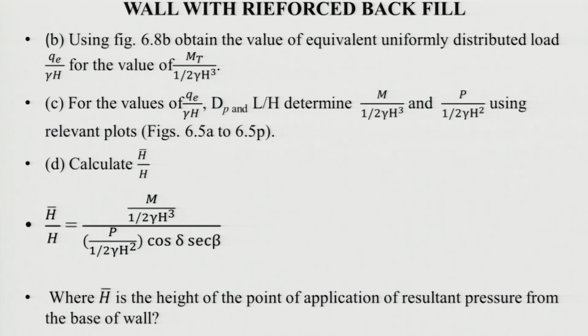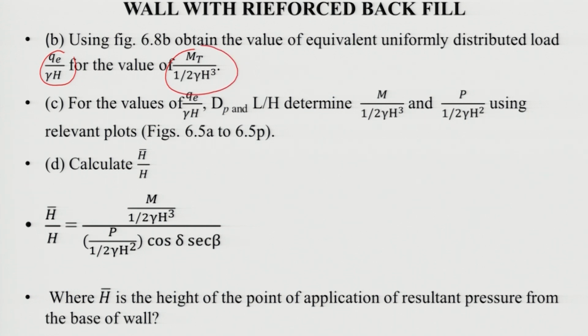Now, the next step will be using figure 68B, obtain the value of equivalent uniformly distributed load QE by gamma H for the value MT by 1 by 2 gamma HQ.